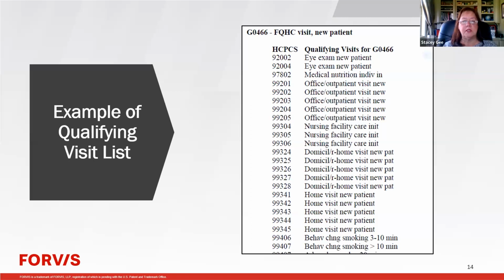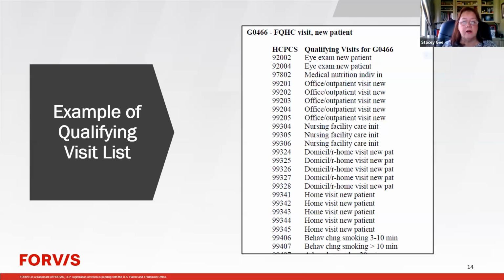And then you can see below the CPT HCPCS codes to your left, and then the qualifying visits. So any of these codes that you see in this column on the left that says HCPCS, these are codes that are going to qualify to be reported with the G0466. And again, this is not an inclusive list. This is just a snippet that I took to fit on this slide.